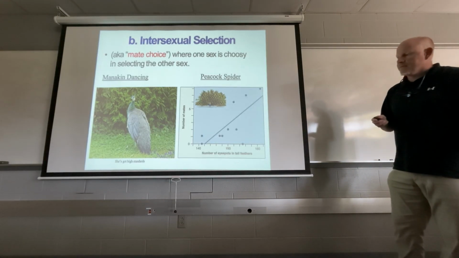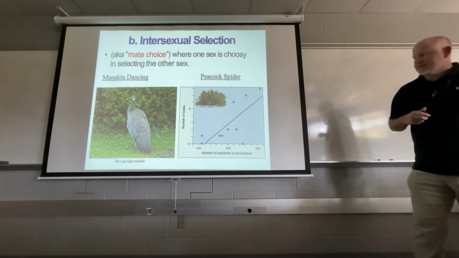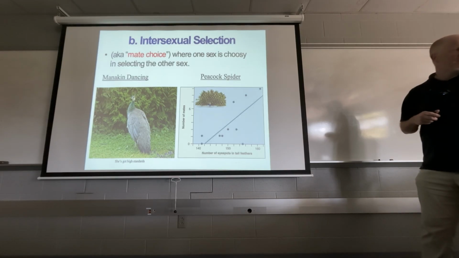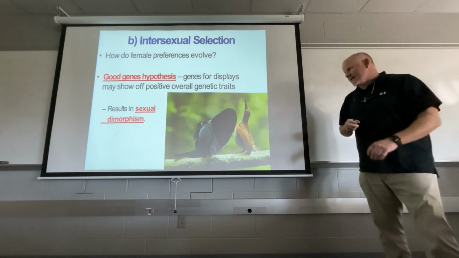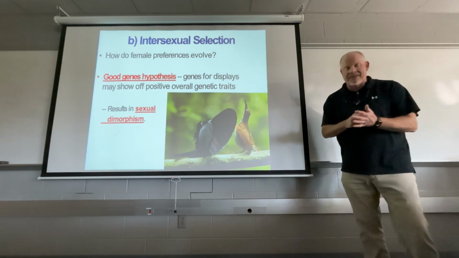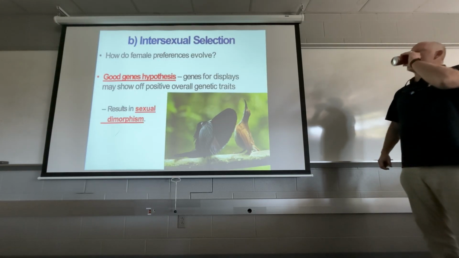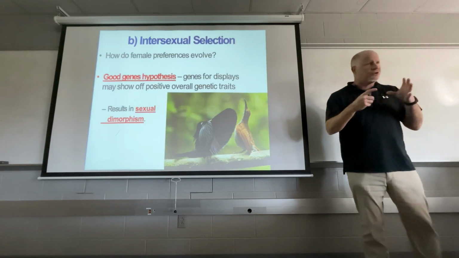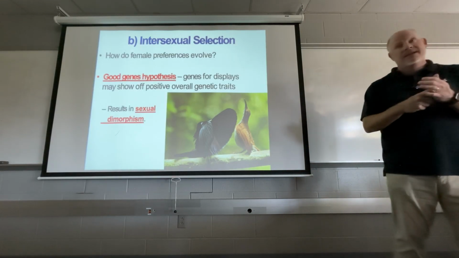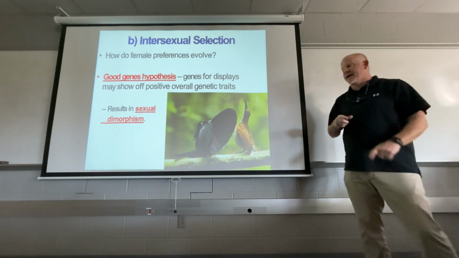So here's a peacock. Male peacock has the larger the plumage, the more sexy he looks to the females, right? So the reason females do this is because of what's called the good gene hypothesis, which I think we mentioned right at the end last time. And this has evolved because females have this huge disparity in the amount of energy that they use to make eggs and also care for young in many cases.